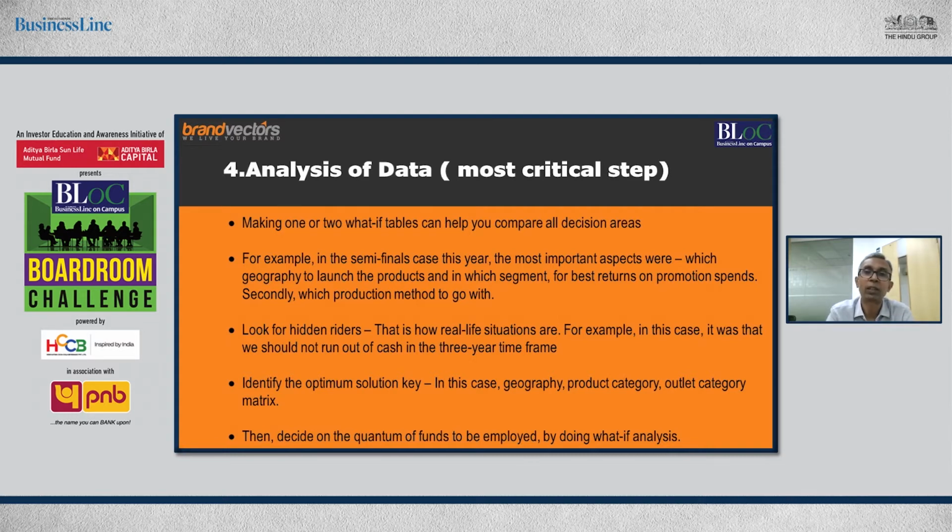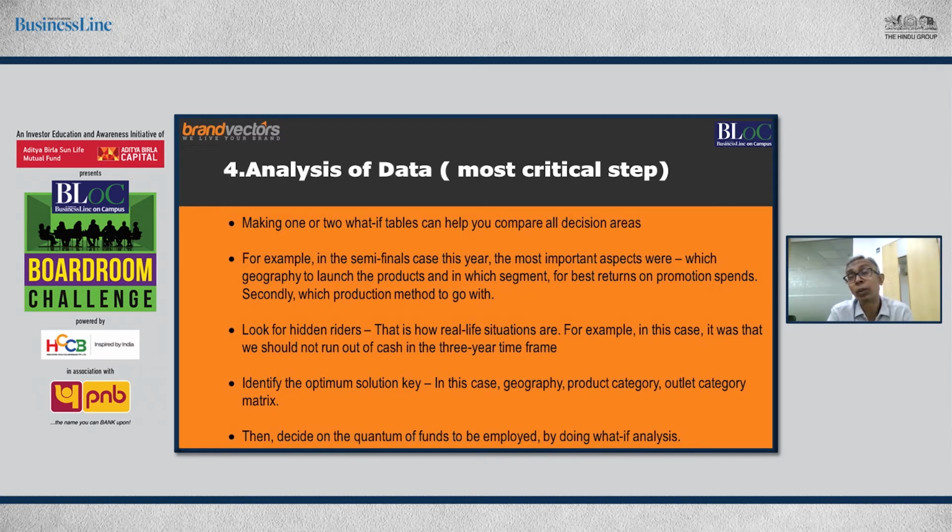What does that mean? That really means that when you put this solution, you may get a very efficient solution, but after you come out with it, you suddenly realize that, man, the money is getting over in the year 2. So these kind of riders you need to look at. Some of these riders can be very, very critical and can derail the complete solution. So that's important to look at these riders.